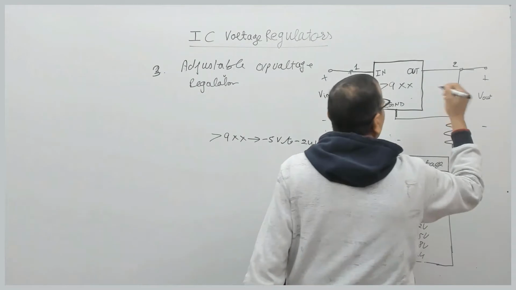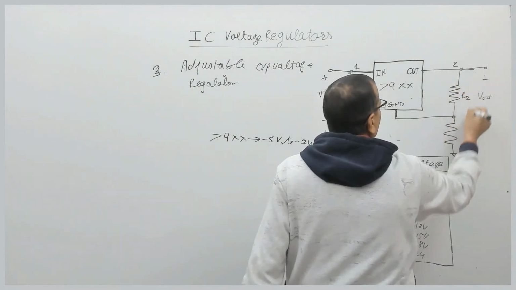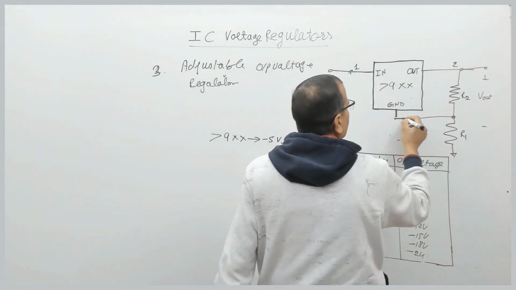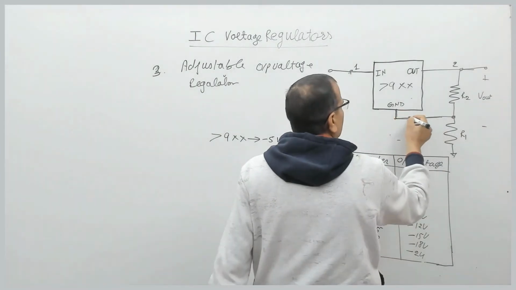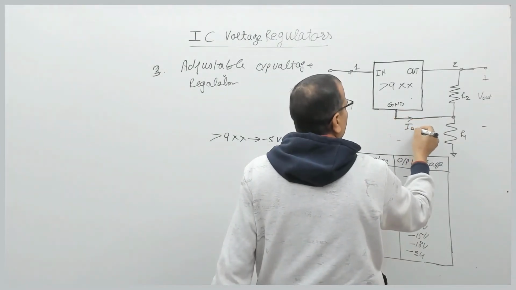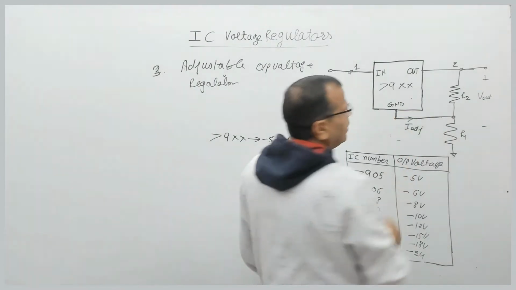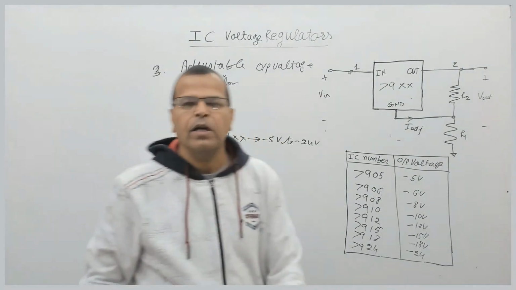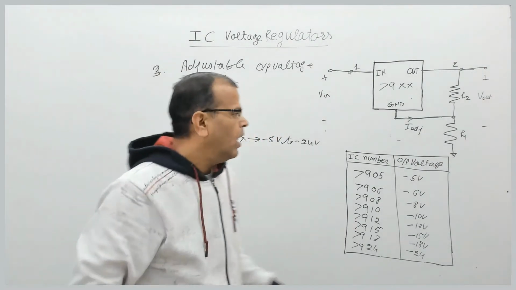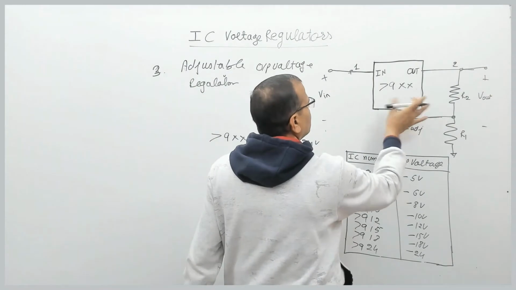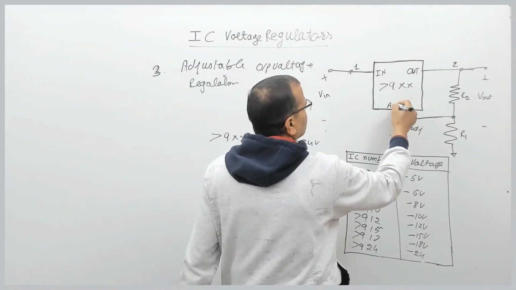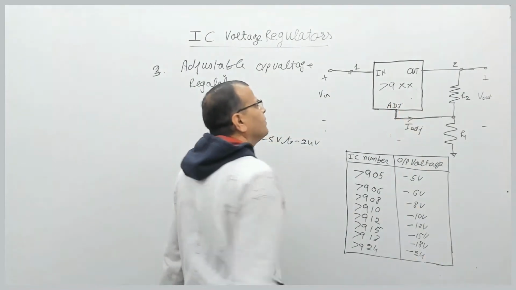Say this is resistance R2, this is R1, and this is the adjustable current, right? That is your adjustable current. This is the third terminal, which is called the adjusting terminal, right?